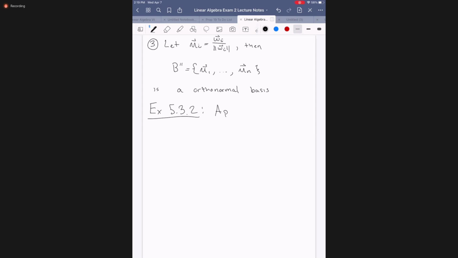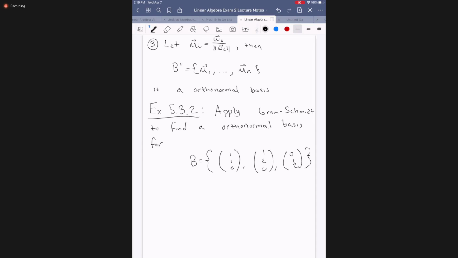Apply Gram-Schmidt to find an orthonormal basis for B equal to (1, 1, 0), (1, 2, 0), (0, 1, 2), right? Okay.